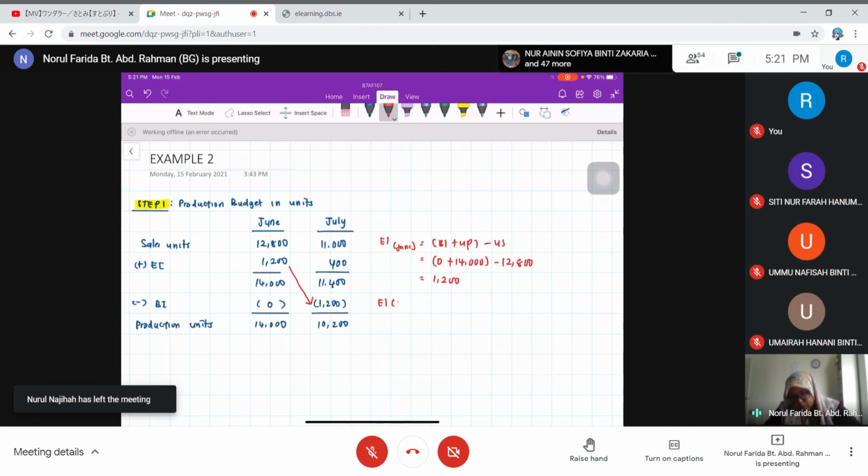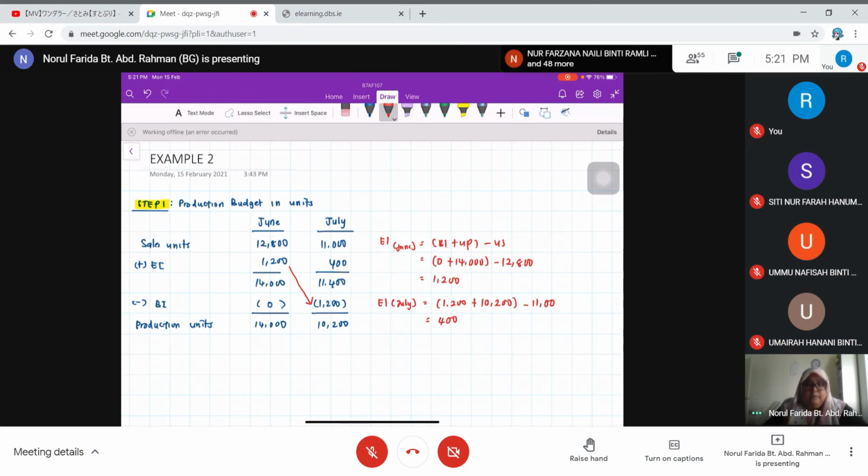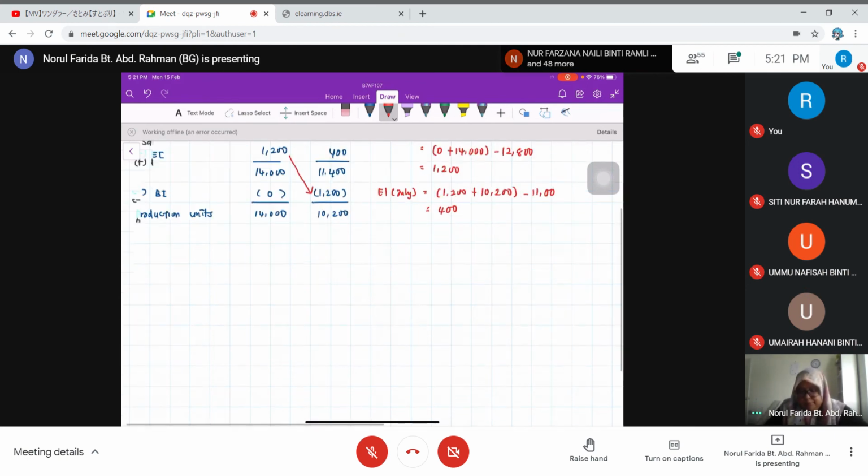Ending inventory untuk Julai, same thing. Beginning inventory dia adalah 1,200 plus unit produce adalah 10,200 minus unit sold 11,000. Mana datang 11,400. Ending inventory dia adalah 400. Saja je tunjuk dulu.